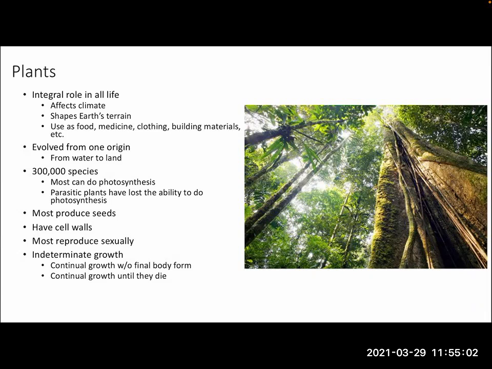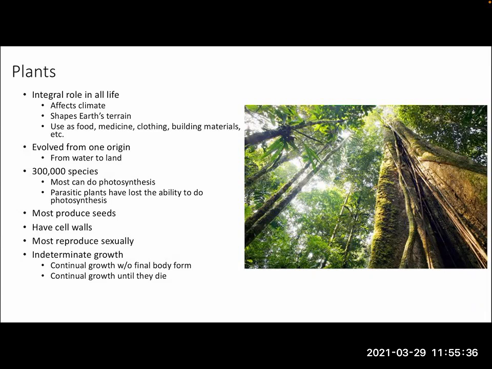So, for example, you can get microclimates where a tree will shade the soil and allow the soil to be cooler than if the soil was not in the shade. And that microclimate can be very important for certain species to be able to exist. Also, if you have a really large forest, you can get a lot of evapotranspiration from the trees, and that can affect the humidity and the climate for that region.